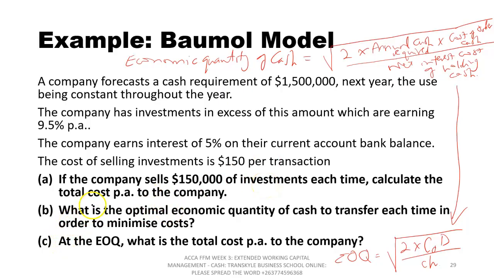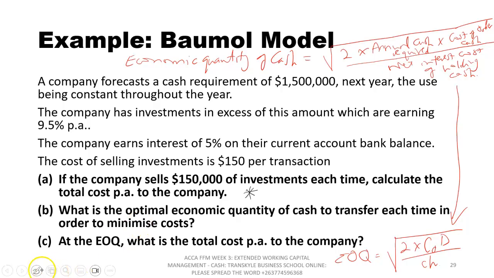So the question is saying, if the company sells 150,000 of investments each time, calculate the total cost per annum to the company. So here, you are not required to use the formula, you can do the computation on your own. Why? Because you are told of the order size.